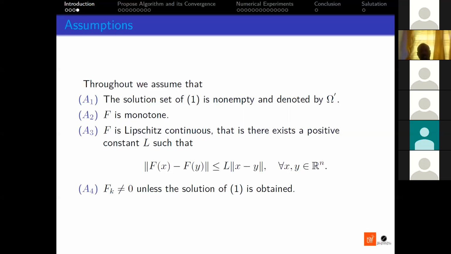I have never tried, because I only consider the benchmark test problems, which have been used in so many literatures. And those benchmark test problems are already considered to be monotone. So I have never considered a general nonlinear equation to see what happens.